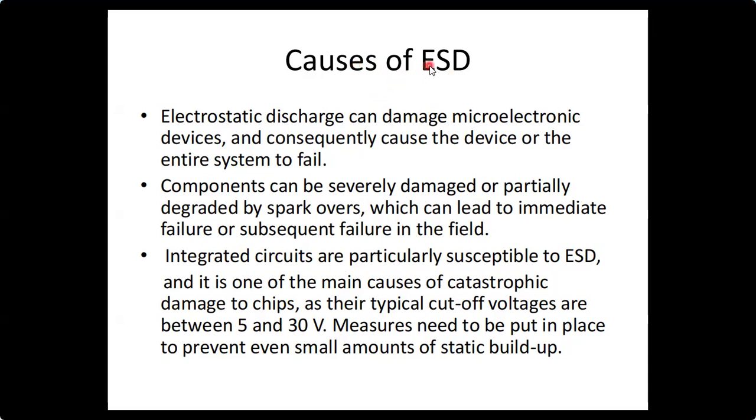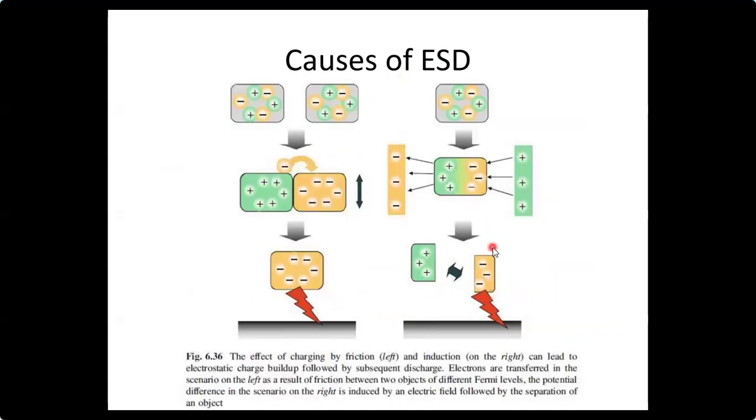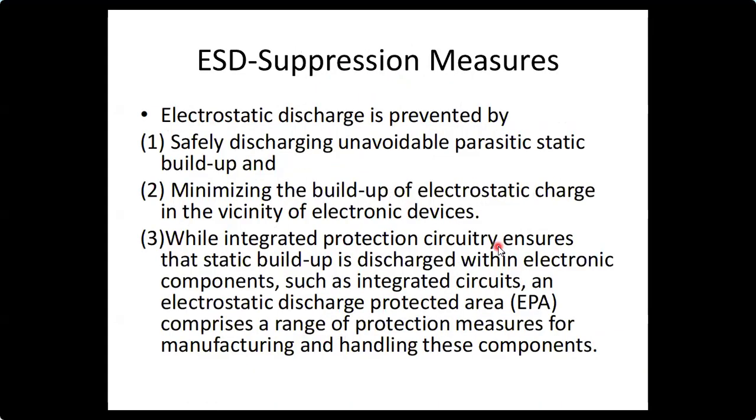ESD protection techniques are mainly grounding and bonding using ESD safe materials. Protective devices like transient voltage suppressors, TVS, and diodes, these two components help you to protect the circuit from ESD zones.